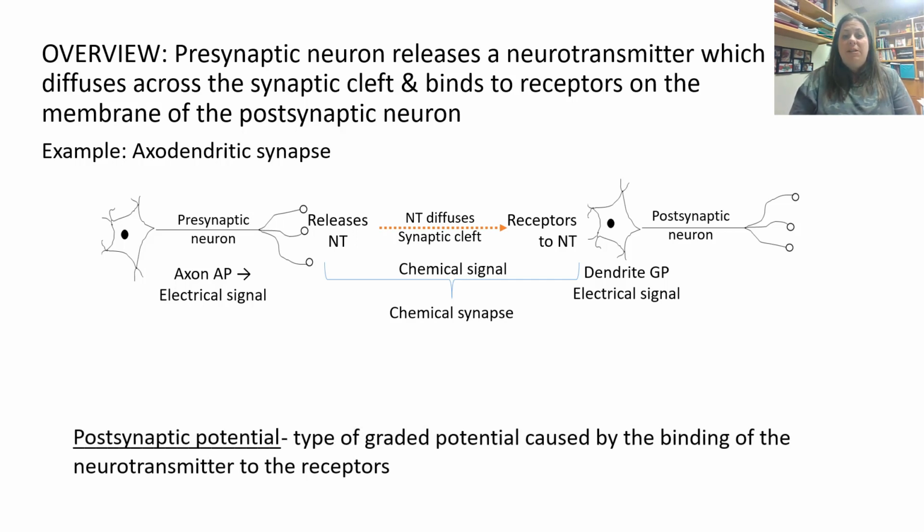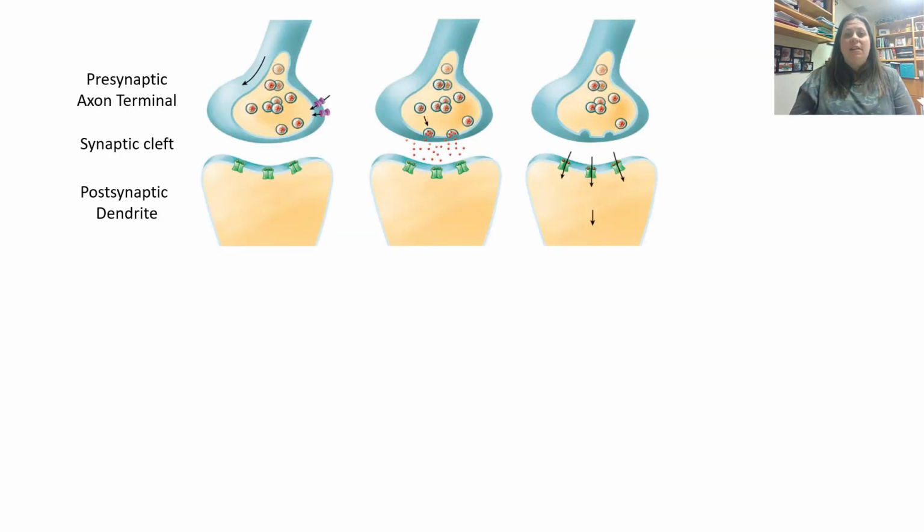The postsynaptic potential is the type of graded potential that is caused. Does the neurotransmitter actually cause a hyperpolarization or a depolarization of this postsynaptic neuron? Let's take a better look with an animated picture. Step one is where the action potential reaches the synaptic end bulb of the presynaptic neuron.